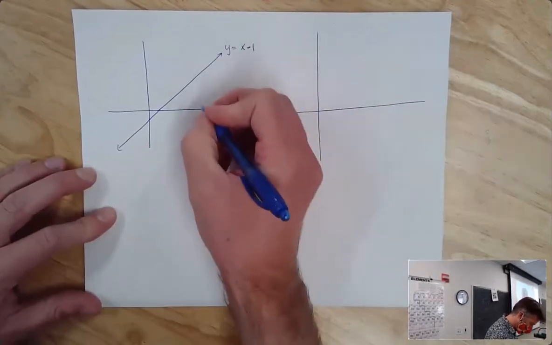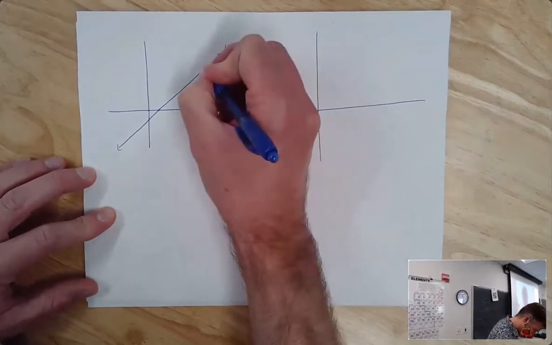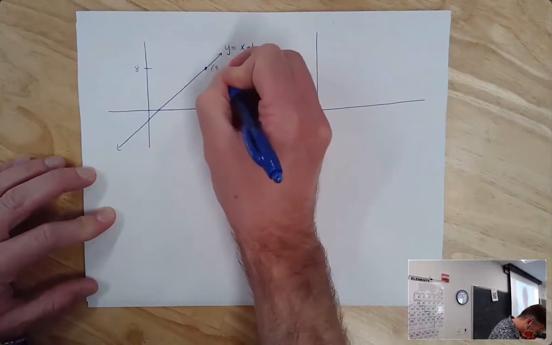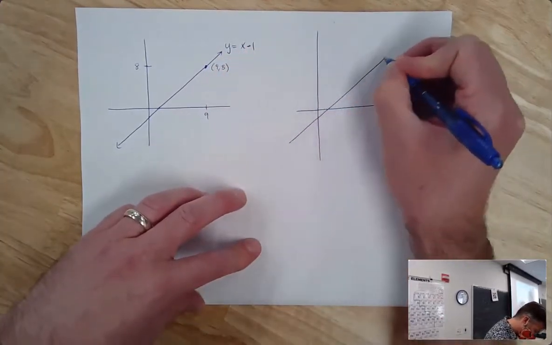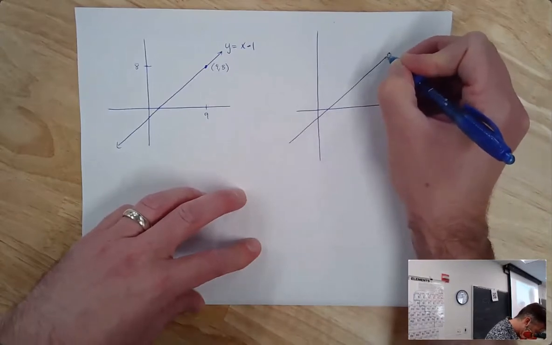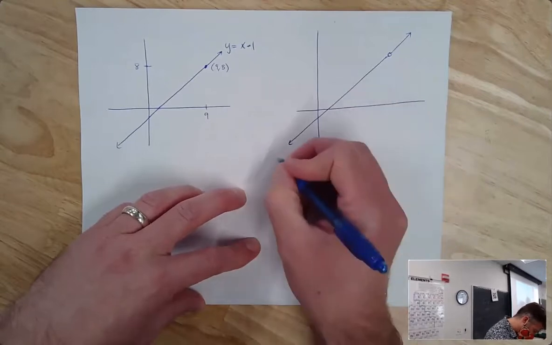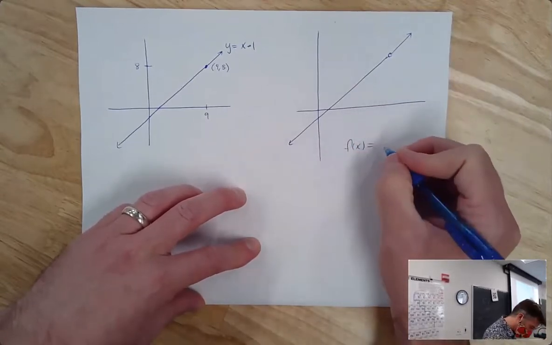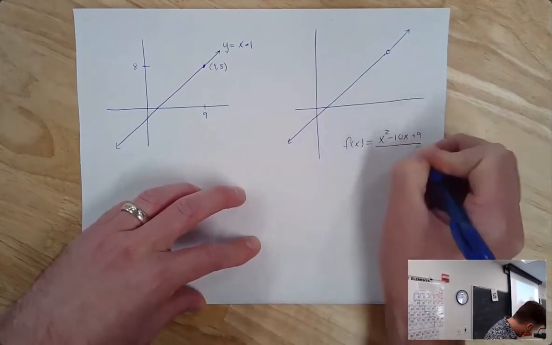And this, if I plug in 9. And here's the other function. Here's f of x equal to x squared minus 10x plus 9 divided by x minus 9.